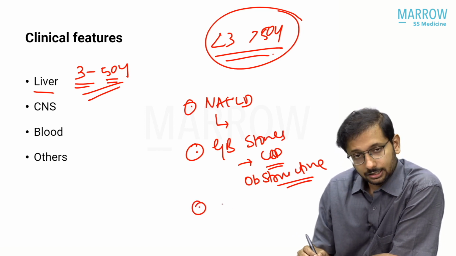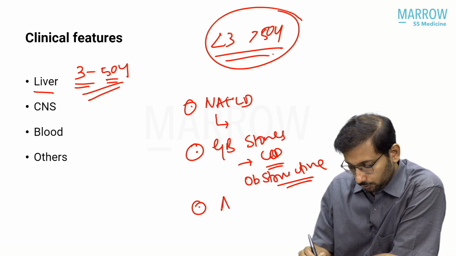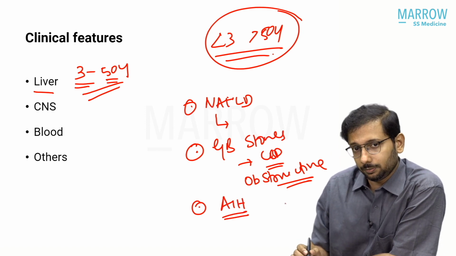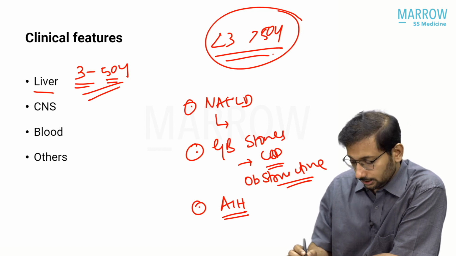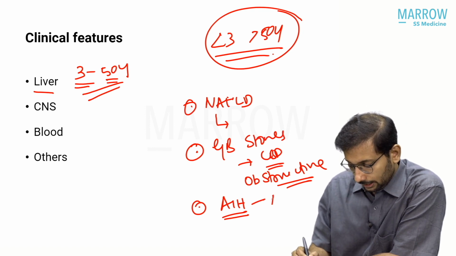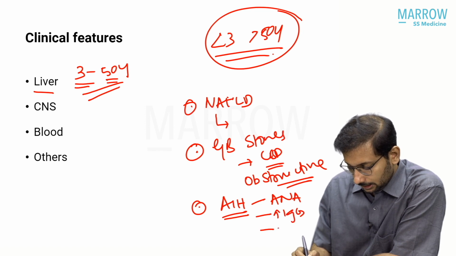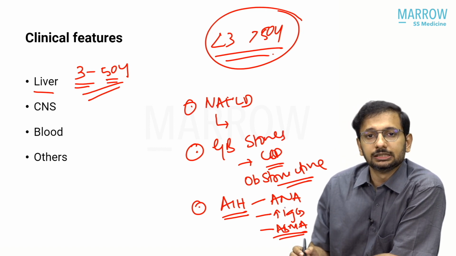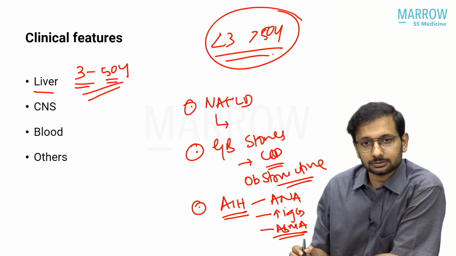And an interesting mimicker, autoimmune hepatitis. All the characteristics of autoimmune hepatitis can also be seen in Wilson's disease, including ANA positivity, elevated IgGs, ASMA positivity. Even biopsy can have features of autoimmune hepatitis, such as interface hepatitis.